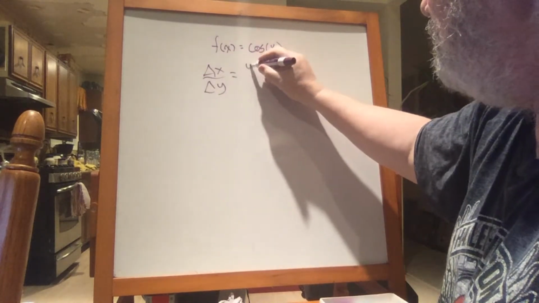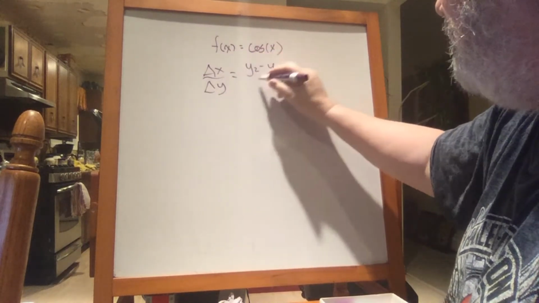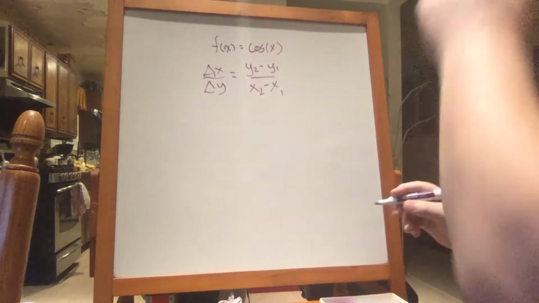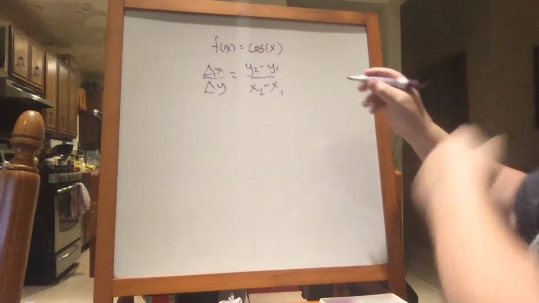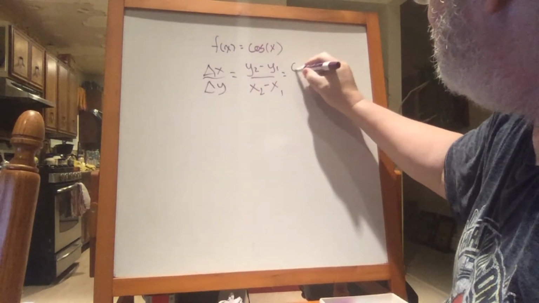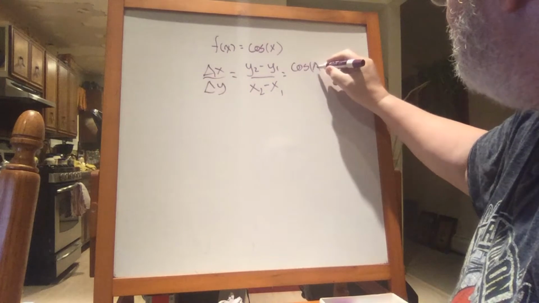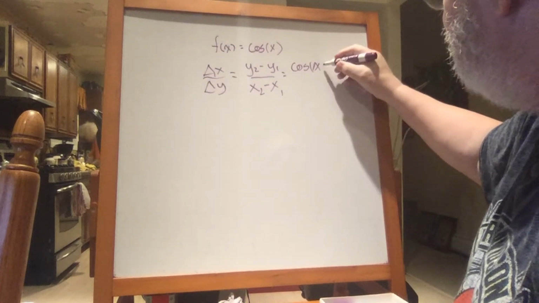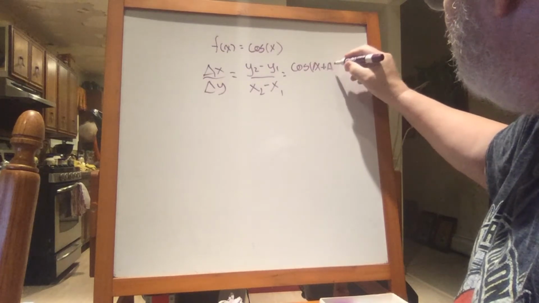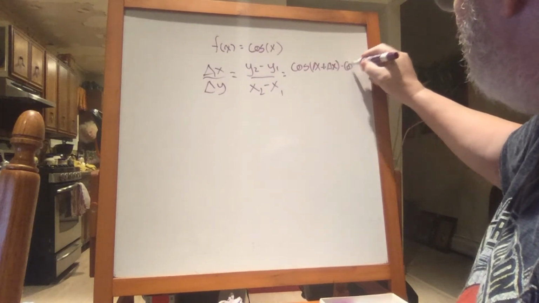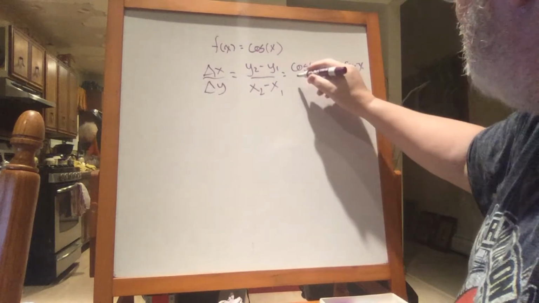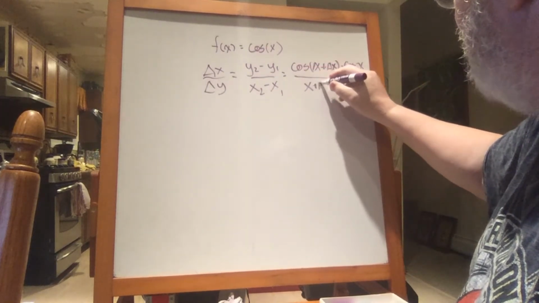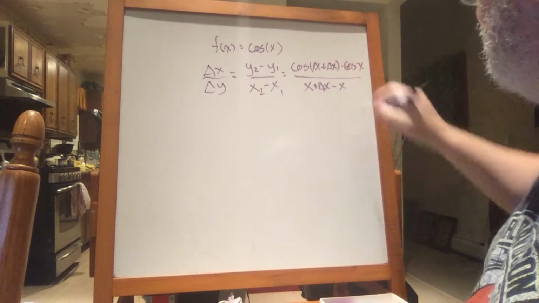We said y2 minus y1 over x2 minus x1. And that happens to be cosine of x plus delta x minus cosine of x on x plus delta x minus x.